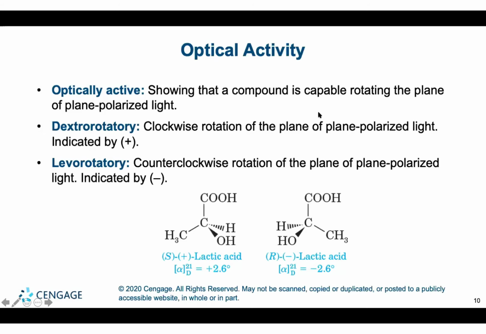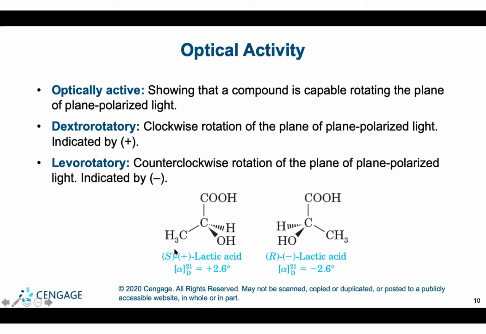So enantiomers are all optically active. This is the same pair of enantiomers that we had on the last page. You see that these are enantiomers. They have S and R configuration and they are also optically active. Enantiomers are always optically active.